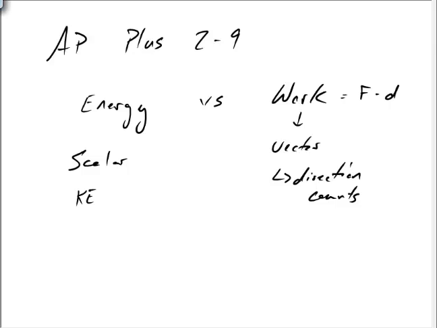And we know this because when we look at things like gravitational potential energy, kinetic energy, and elastic potential, and specifically we look at their equations, we see things that would indicate that direction doesn't matter, like mass. If an object's moving, it has kinetic energy. It doesn't have to be moving in a positive direction.